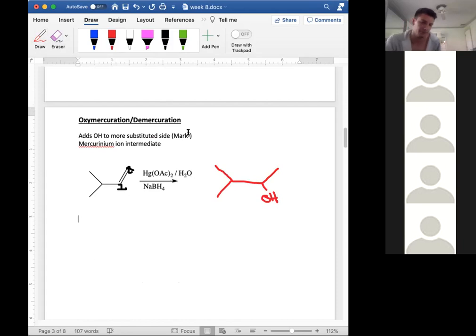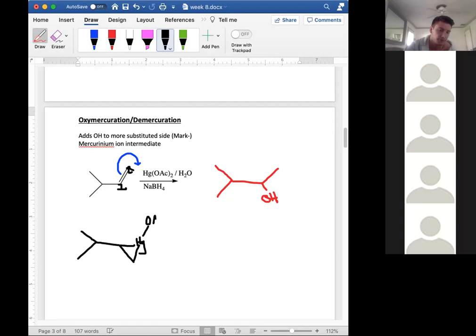All right. So what happens is that your pair of electrons from this pi bond do that, right? So they will bond to that mercury, and it will look something like this. You have your OAc, right?